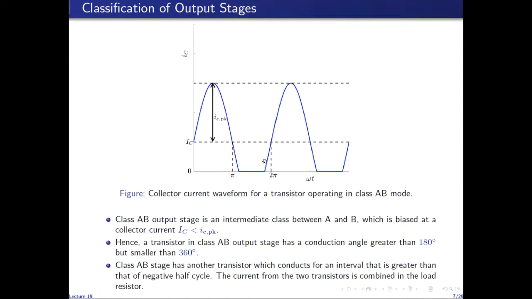So its conduction angle again will be greater than 180 degrees, but smaller than 360 degrees. The two transistors in a class AB amplifier conduct for an interval that is greater than the half cycle of the input signal current. And again, the currents from the two transistors are combined in the load resistor to generate the load current.